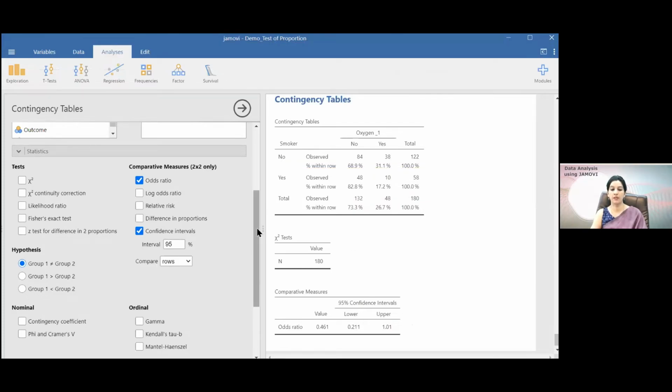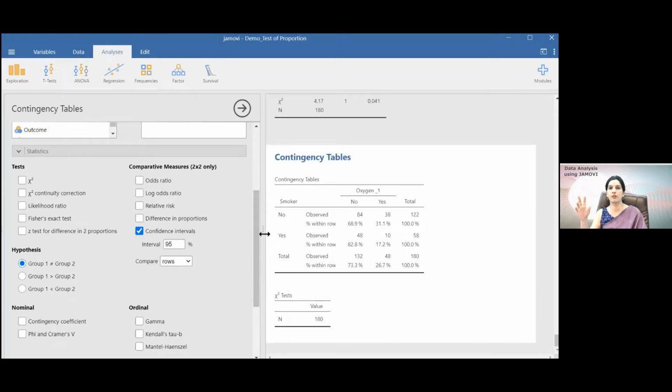Now coming to the relative risk. So in SPSS, both these values come together. But here you can choose an option of clicking either the odds ratio or the relative risk. So for relative risk, I started with the exposure status, and the exposure status was the steroid. So the person who was taking steroid at the time of admission, and then the outcome is, maybe, what was the outcome, whether it was discharge or death.